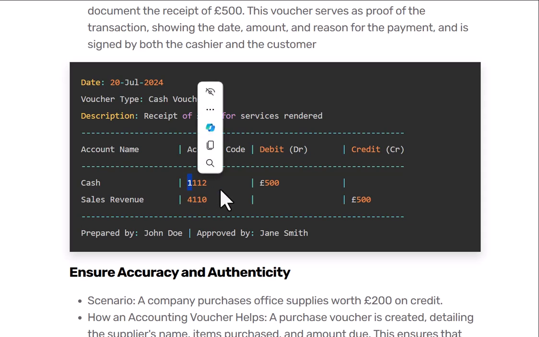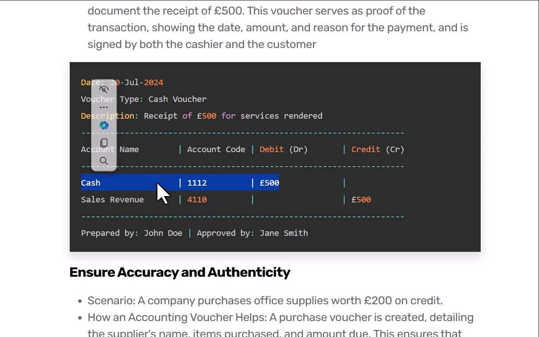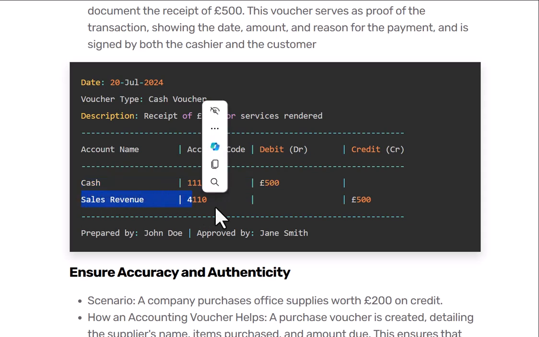When I debit the asset, I increase the amount. On the other side, I sold services and the code is 4, which means revenue. When I credit the revenue account, I actually increase it as well.